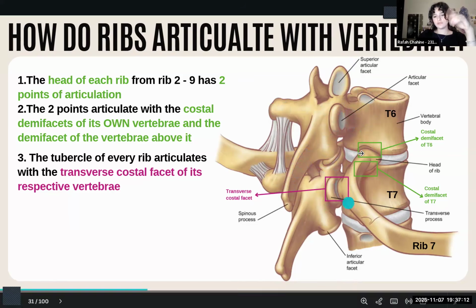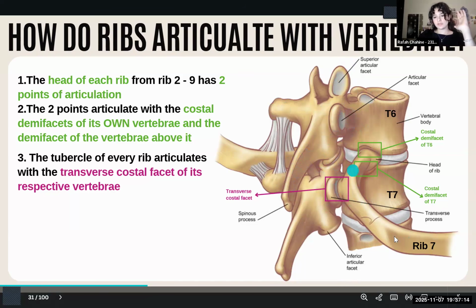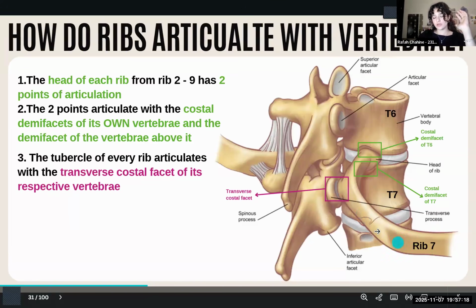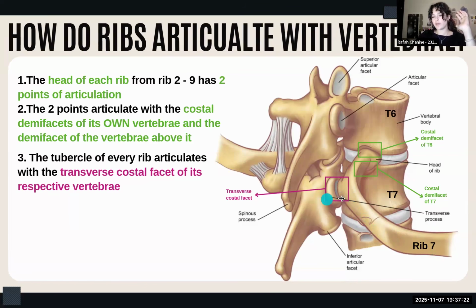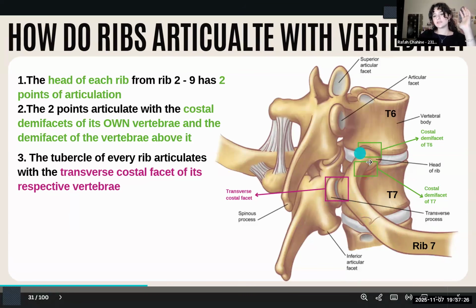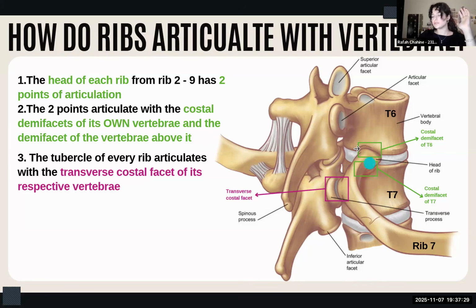Now let's review typical rib number 7. This is the body. You can't see it, but there's going to be a costal groove right here. This is the tubercle articulating with the transverse costal facet of T7, because this is rib number 7. And it has a neck and the head with two articulating facets. Now, remember how I told you there's two articulating facets? The one on the top, on the head of rib number 7, is not going to articulate with T7.